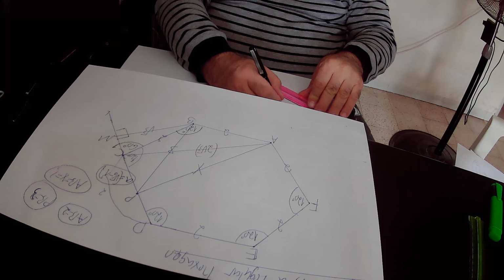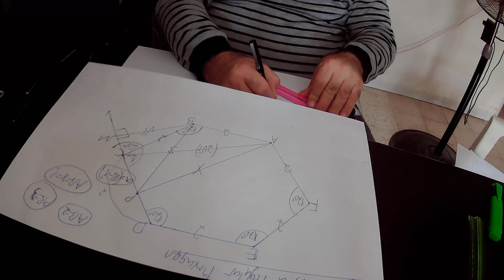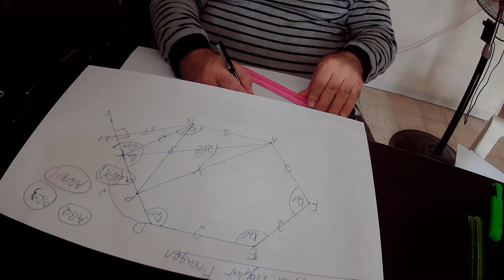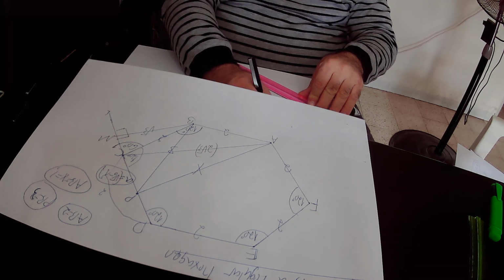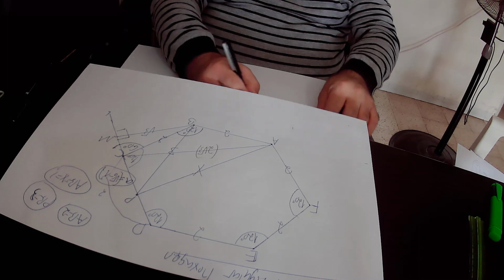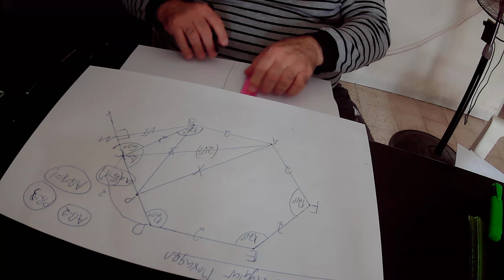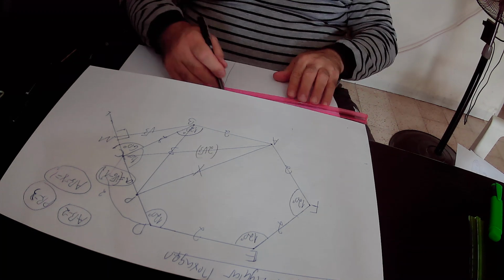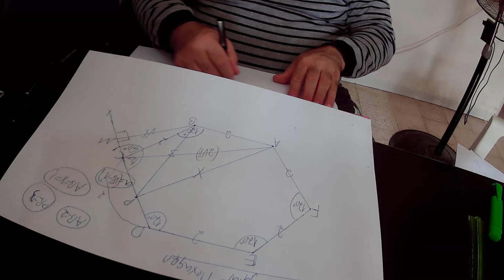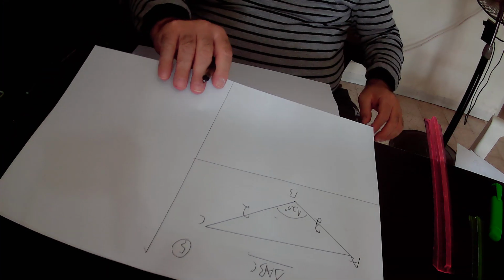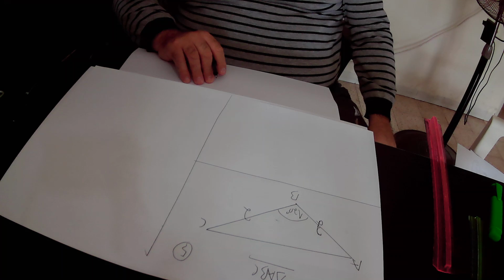Angle ABC equals to 120 degrees. Side AB equals to 2 units. And side BC also equals to 2 units. So actually this is triangle ABC that I copied from the original drawing.